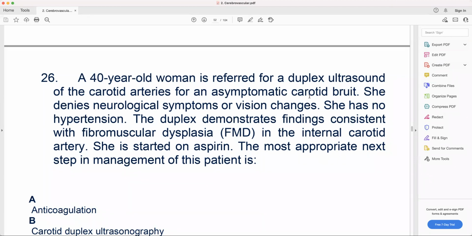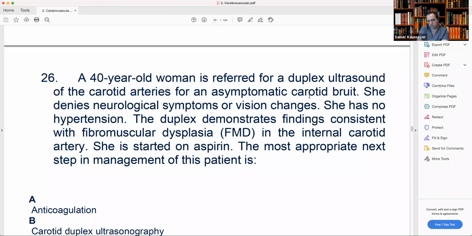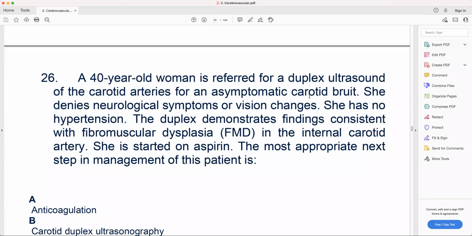And if the patient came with symptoms, we have two options: either open, or endovascular.